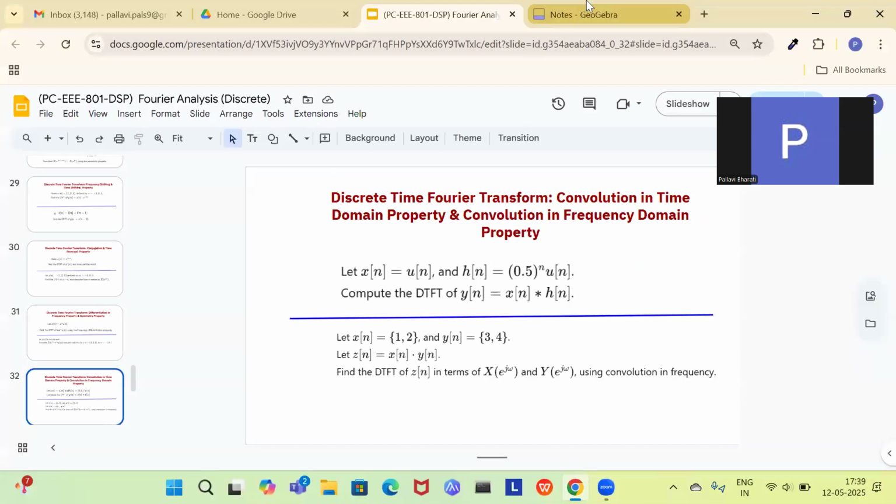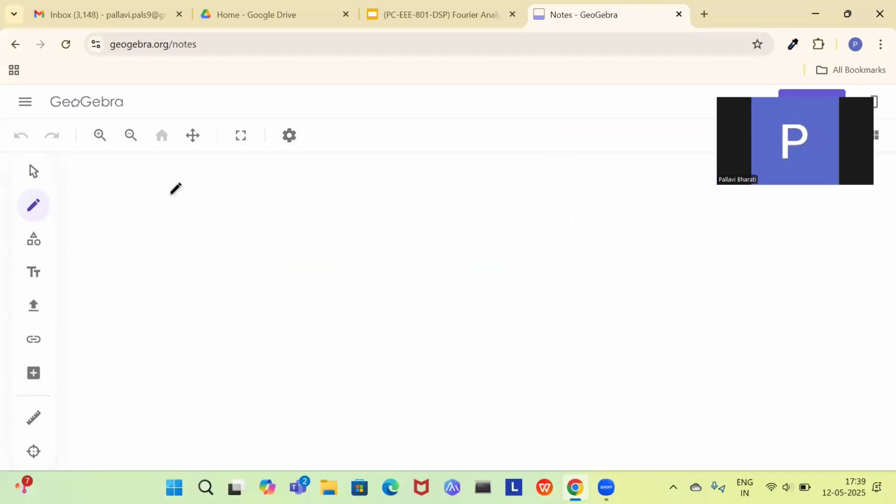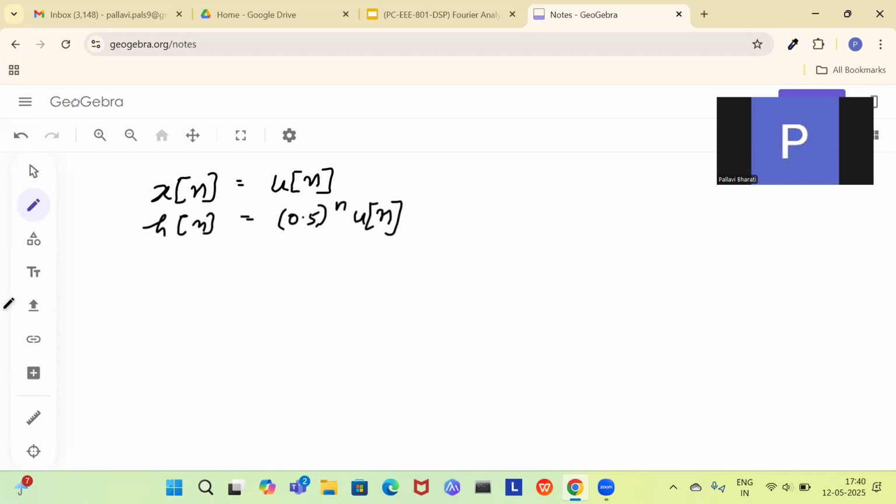First, you have to keep in mind that we have been given two signals: x[n] is equal to u[n] and h[n] is equal to 0.5 raised to the power of n u[n]. Now, they are telling you to find the DTFT of y[n].